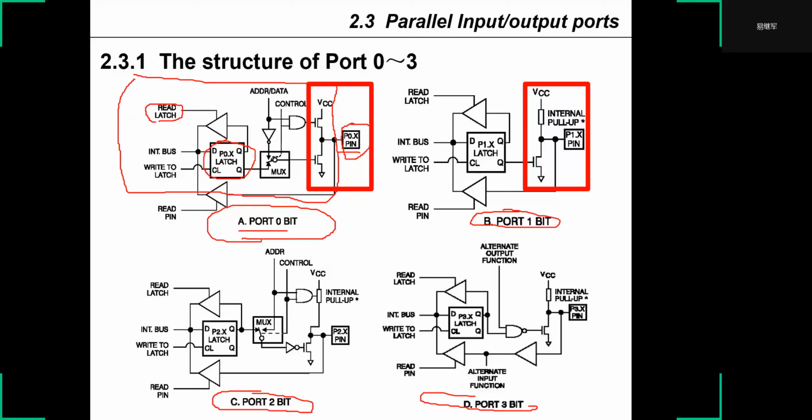When the signal comes on the port 0, it comes to here and is latched here. Then if we give the read instruction, the data will be transferred from here to the read.